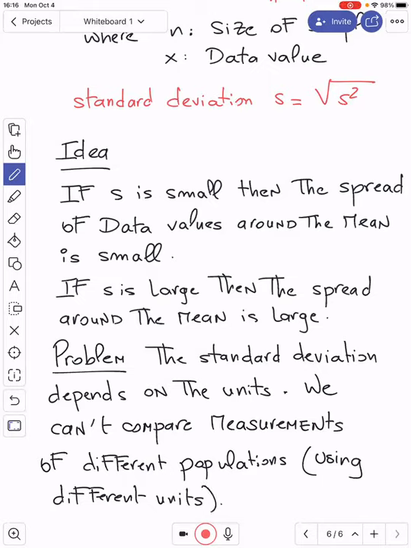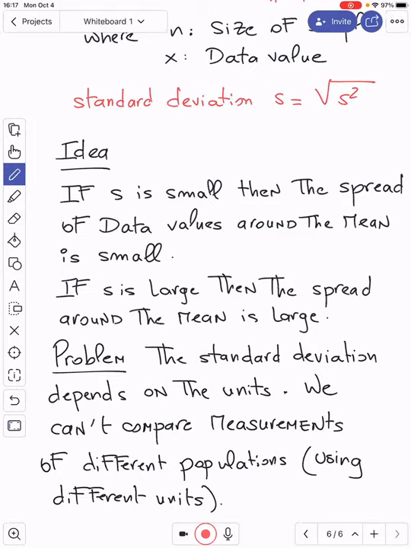For example, last week we had a sample of flowers' diameters, and the units we use are inches.